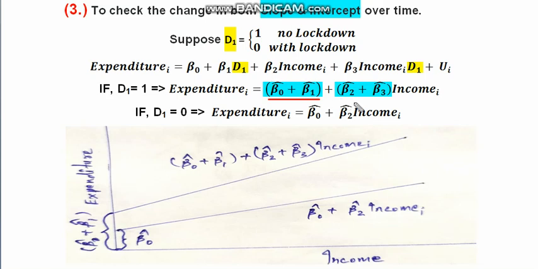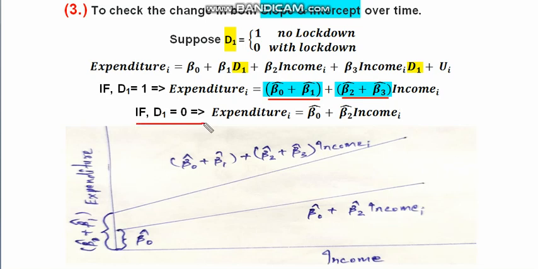When we estimate beta 2 cap income, we get beta 2 cap. When we estimate this other independent variable income with the dummy variable, what we get is beta 3 cap, so it becomes beta 2 cap plus beta 3 cap income.